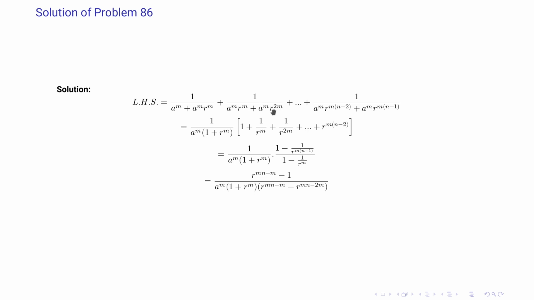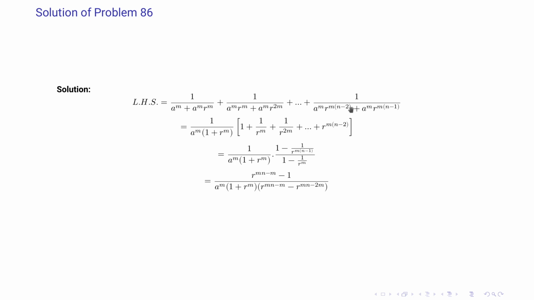And then we have a3 to the power m, which would be a r square whole to the power m, that is equal to a to the power m, r to the power 2m. And similarly, we have reached this, which is a n minus 1 to the power m. a n minus 1 would be a r to the power n minus 2, so the entire thing is raised to the power m. And similarly, this is a n to the power m.